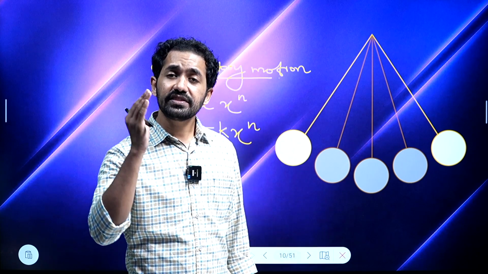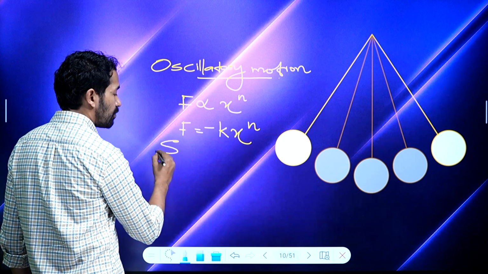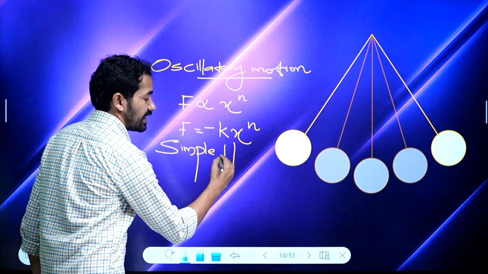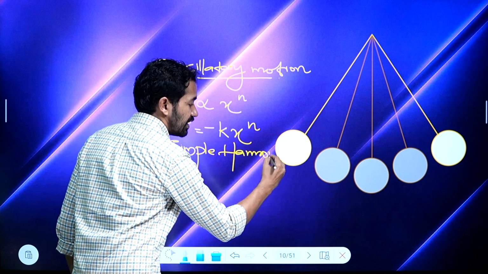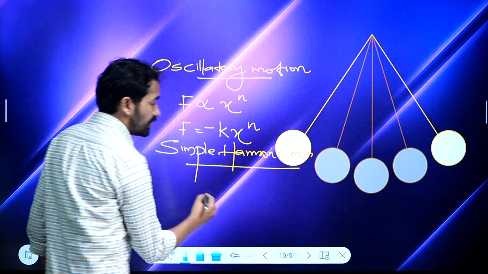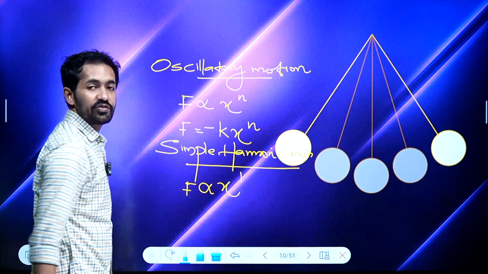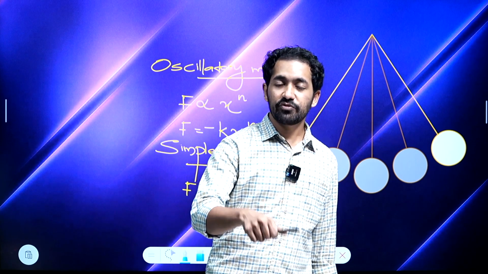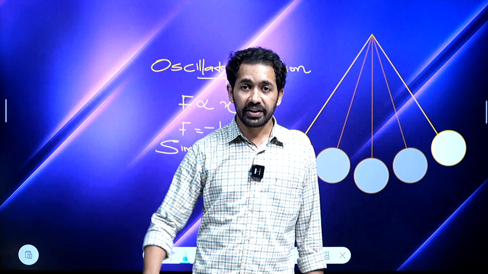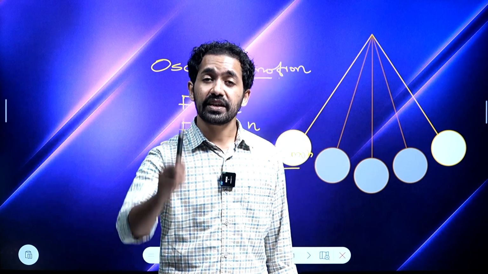And when you consider simple harmonic motion, hereafter I will refer to it as SHM, your equation is force is directly proportional to the first power of the displacement. For oscillatory motion the equation was force proportional to the nth power of the displacement, but for an SHM your equation is F proportional to x raised to 1.